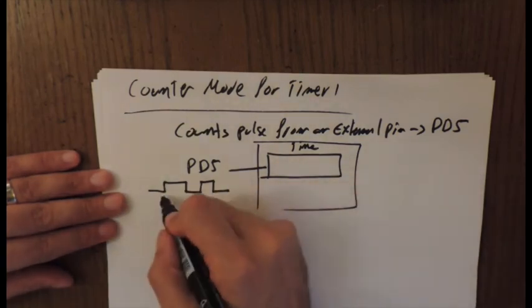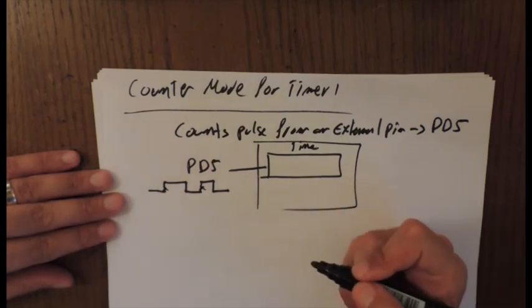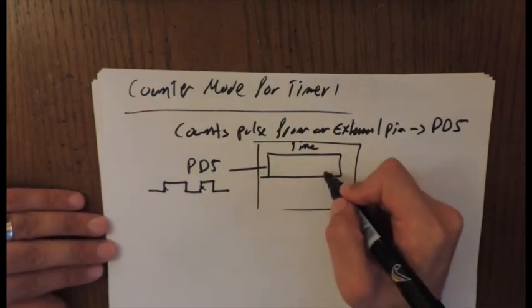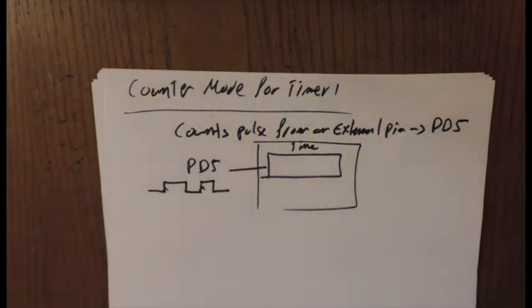Each time there is a pulse, whether the rising edge or the falling edge, depending on how we configure it, the timer adds another pulse. It has many applications, such as counting: every time we press a push button, you increment a counter. It can be used for counting pulses.